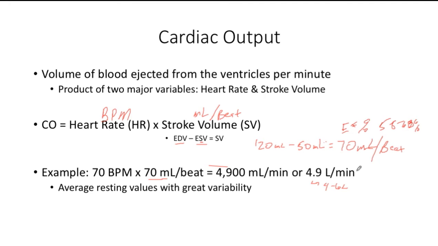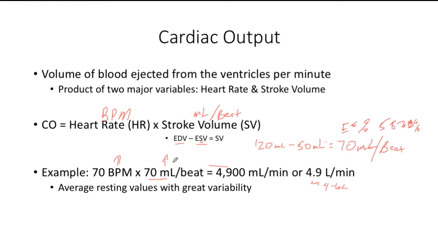When we're talking about well-trained athletes, or not even well-trained athletes, just anybody, when we are stressed out or exercising, you all know what's going to happen to our cardiac output. Your heart rate goes up when you exercise and exert yourself, and there's also going to be an increase in stroke volume, so therefore cardiac output can rise.